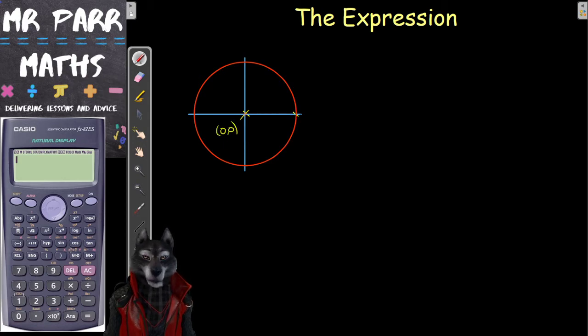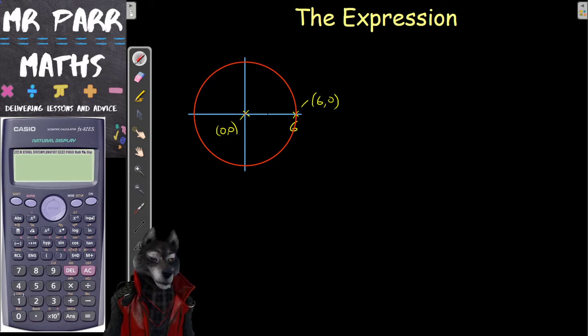If I was to mark a point over here, even without knowing anything about this circle, you can recognise that if I said this point was 6 from the centre, our coordinates would be 6, 0. But that doesn't change the fact that the distance from the centre to the circumference is our radius, meaning that we have a radius that equals 6.